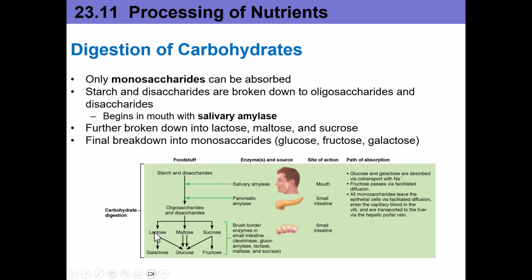So look at carbohydrates. They're listing all of the different enzymes that can digest carbohydrates, and then where in the GI tract that is happening. And that's what you want to know. That's what I want you to know.